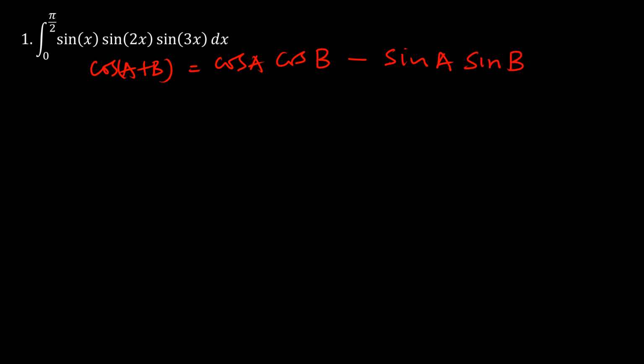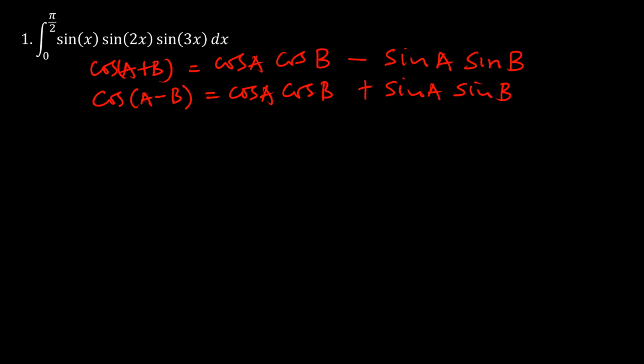And then cosine A minus B is equal to cosine A cosine B plus sine A sine B. And what that means is that when you add the right hand side and also the left hand side, you have, not adding, let's subtract.